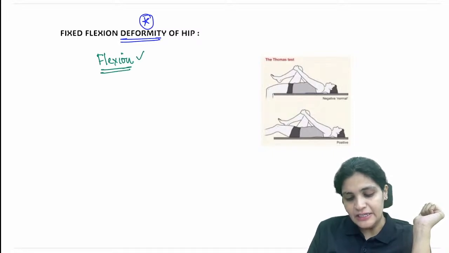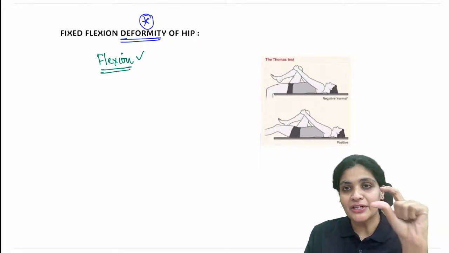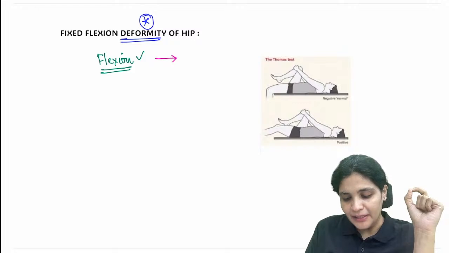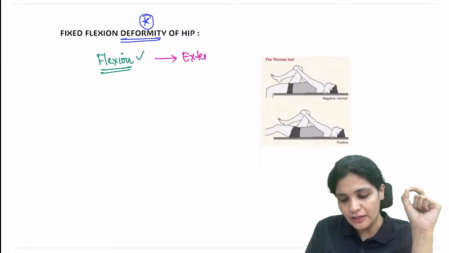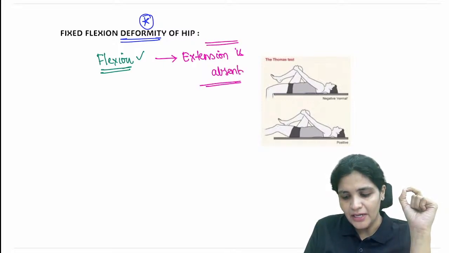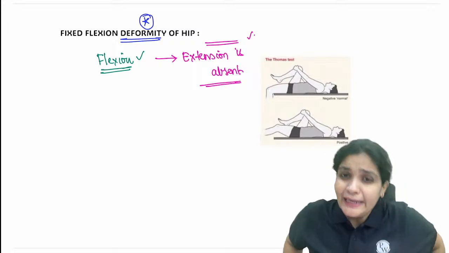So there is a condition which is called FFD, that is fixed flexion deformity. So what do you mean by fixed flexion deformity? That means extension is absent. This is a little bit of higher level, right? So just remember, only one deformity usually. So there can be any deformity.